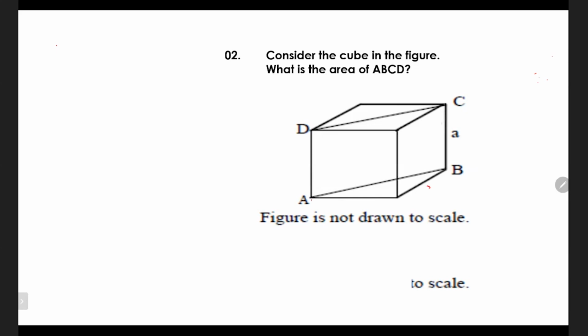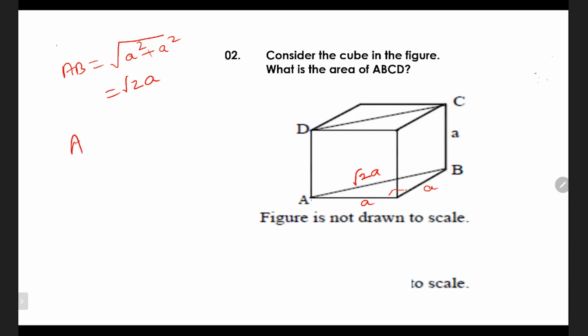As this is a cube, every side should be of length A only. So AB, if you use the Pythagoras theorem, as this is 90 degrees here, is the square root of A square plus A square. That is root 2 times A, right? So we know AB is root 2 times A. The length of this is known and the width of this is A.